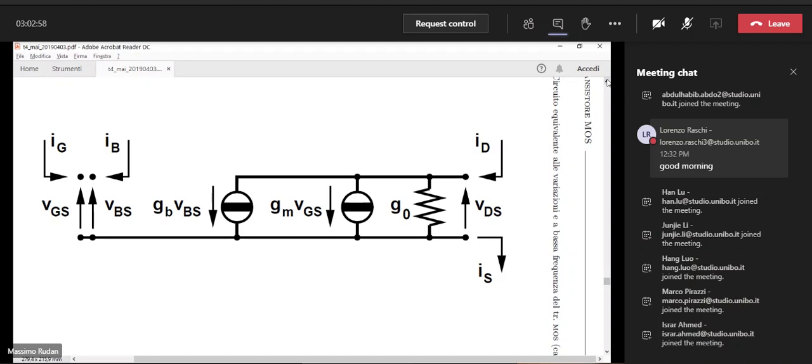So this dot here is the drain contact. This dot here below is the source contact everywhere, okay?